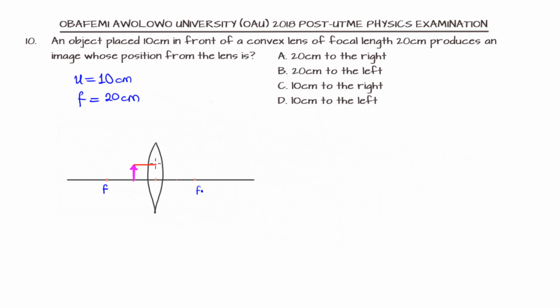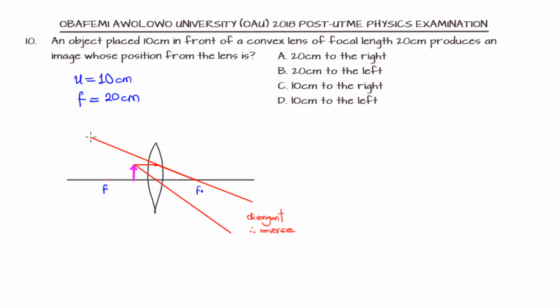Now, a ray passing from the object, when it gets to the lens, will go and pass through the focal point on the other side, as shown. Another ray will pass through the center of curvature, which is the middle of the lens, just as shown also. Now, the two rays, you will notice that they are divergent. They are just expanding away from one another. So in that case, we need to reverse to the other direction from where they are coming.